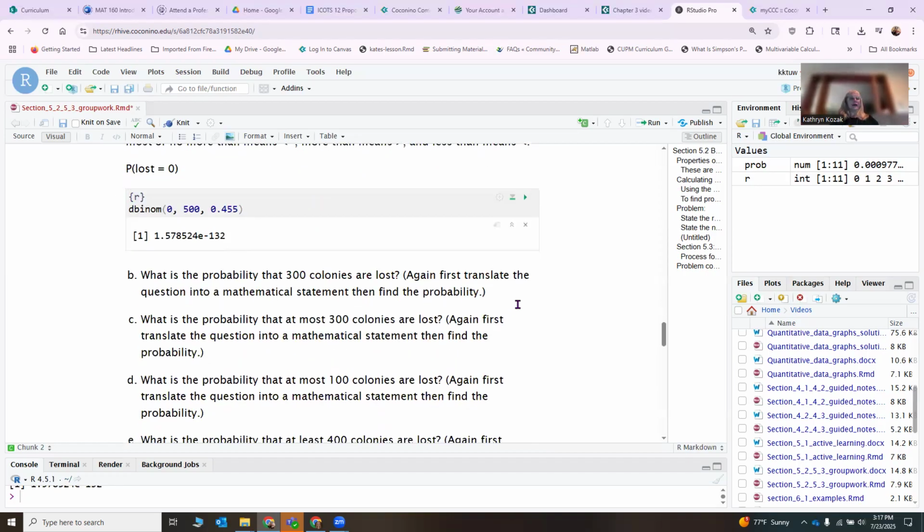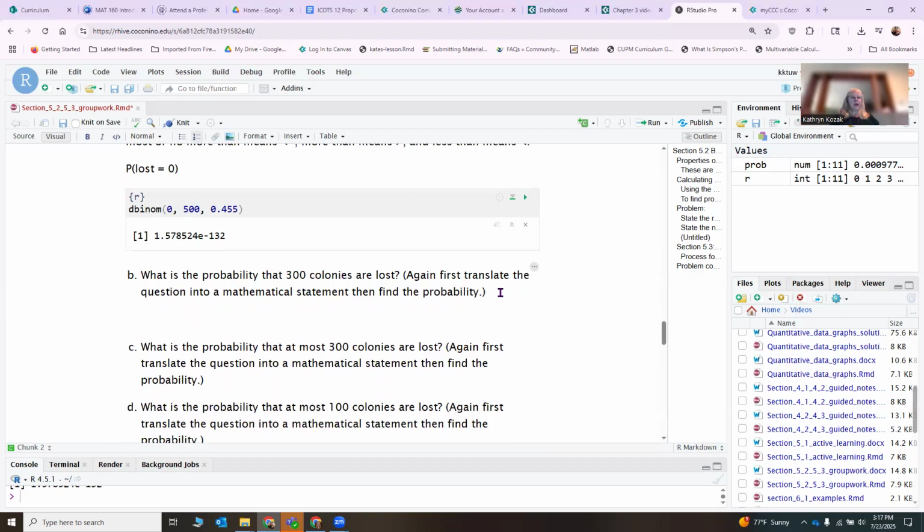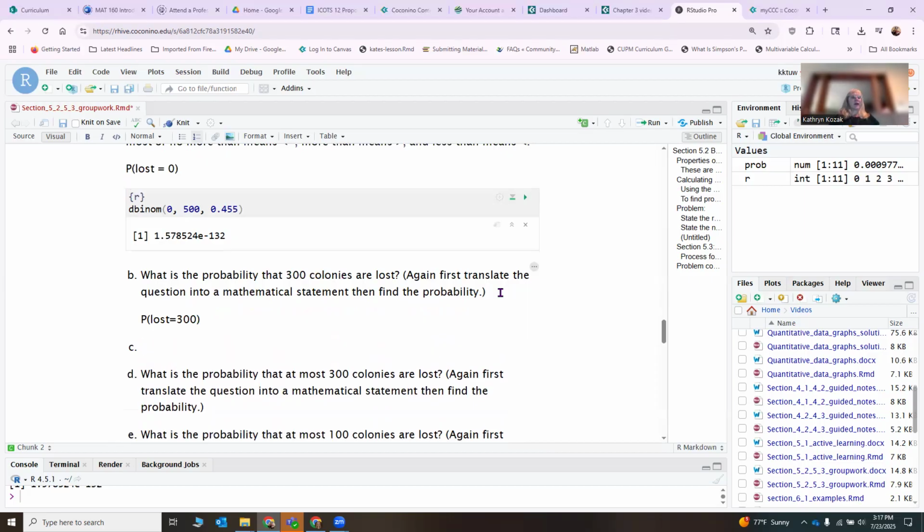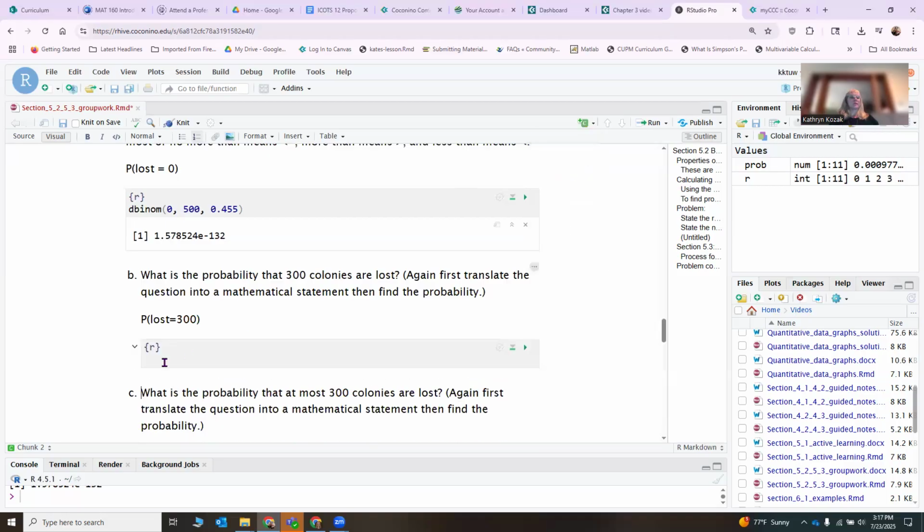Okay. Now let's find the probability that 300 colonies are lost. So this one again, I'm going to write this in a mathematical statement. Lost is equal to 300. And then I can insert my R chunk. I'm still doing equals, so it's still a dbinom.